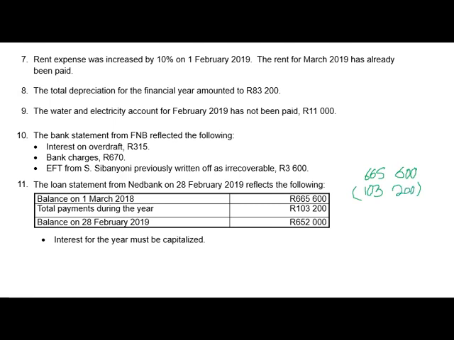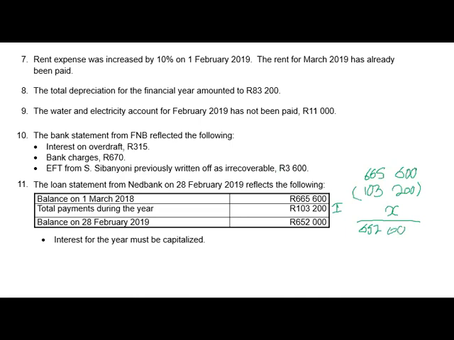And then you'll realize that interest is the missing part. I'll just call it I here. Interest is the missing part, which is X. And your closing balance will be 652,000.